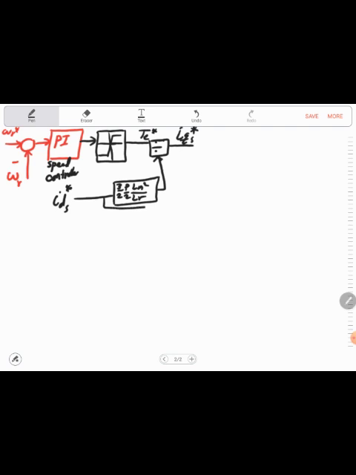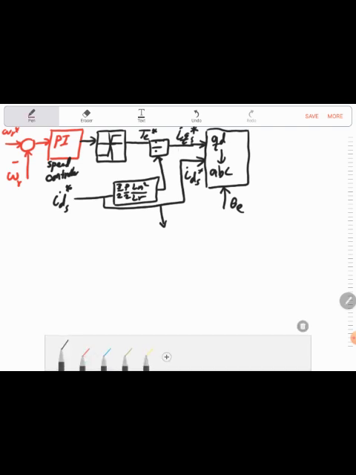So now we have the IQS and we have the IDS. We can do the transformation from QD to the ABC. Of course, we need the knowledge of theta E. Now, in order to calculate theta E, we need the IDS and we need the IQS.